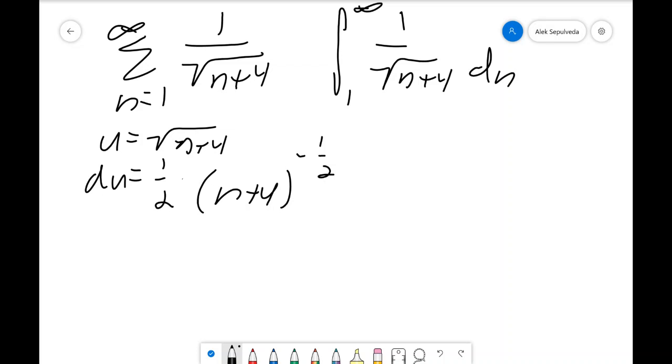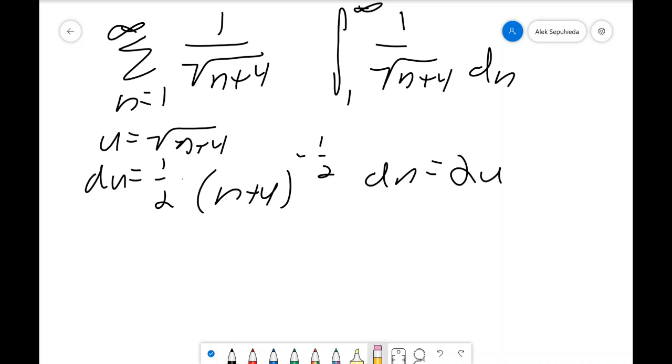So now we can solve for dn. We end up having dn equal to 2u, because we divide a negative exponent, making it positive.